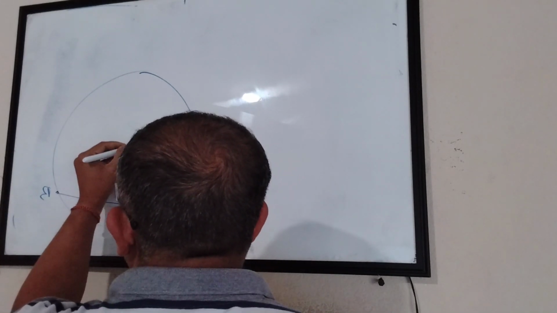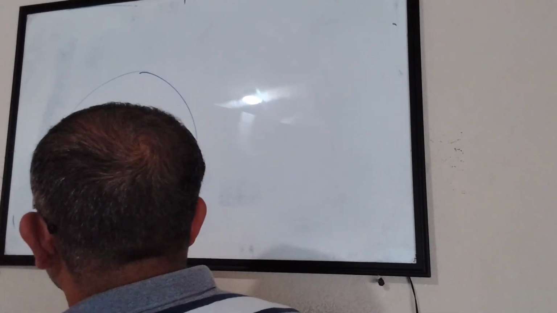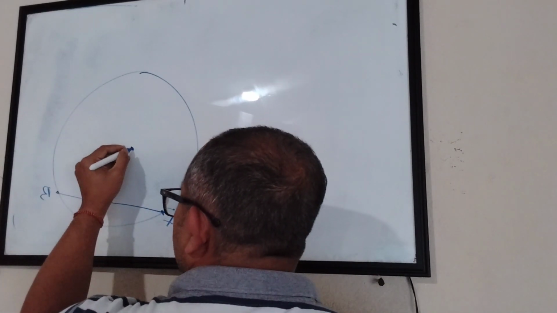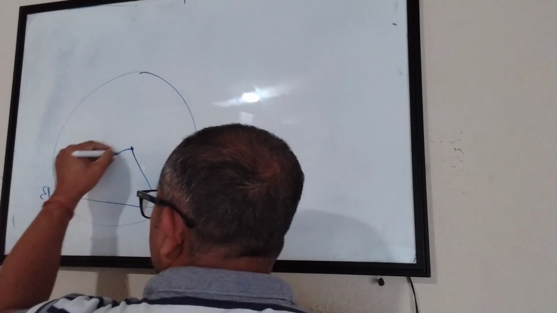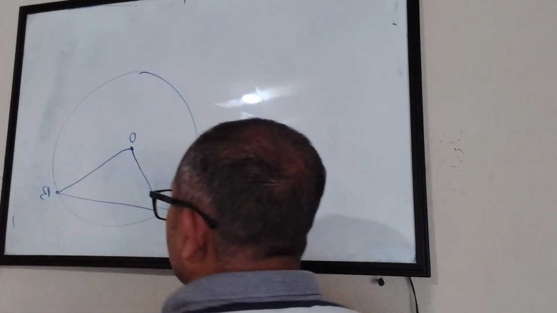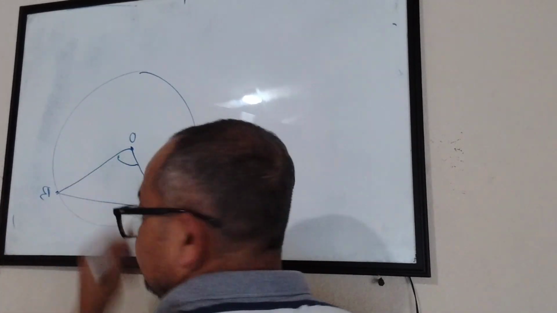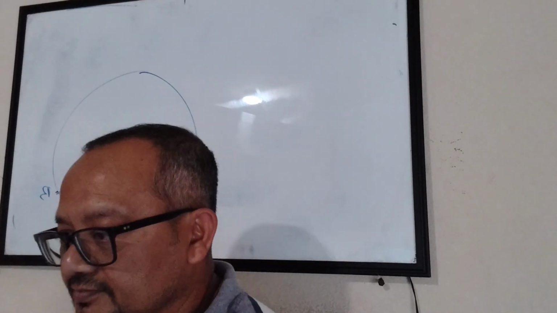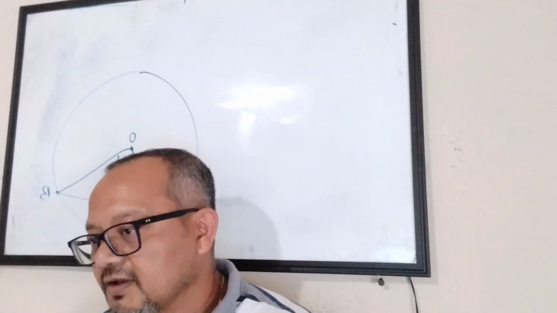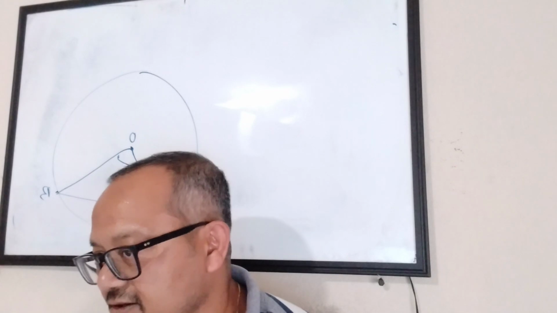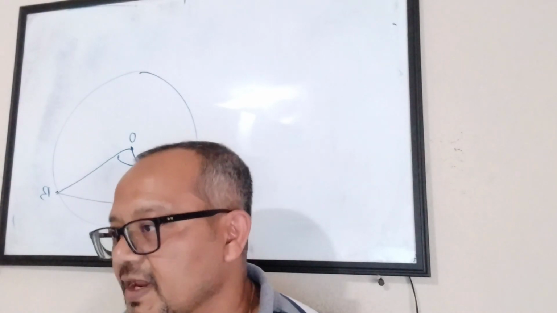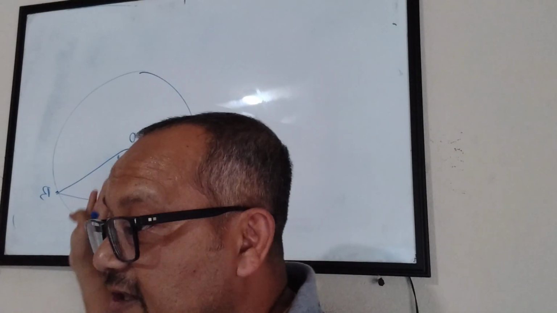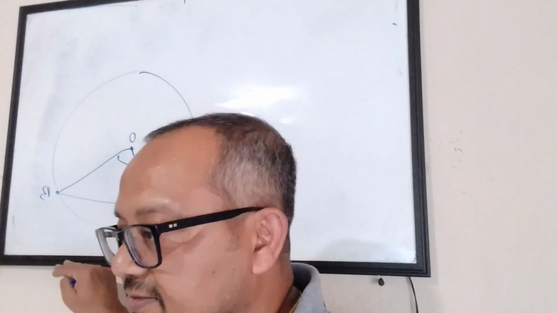Now, this is my center of the circle. If I join these 2 points with this one, do you know what this angle is called? Center angle. The angle that is made on the center by the chord is called center angle.